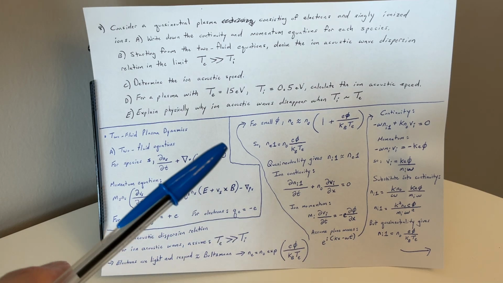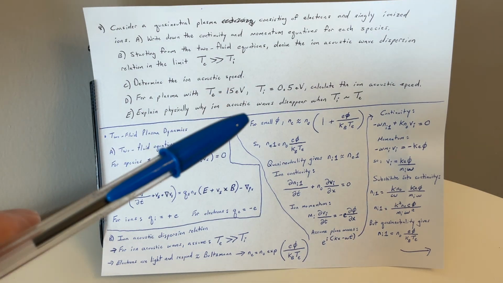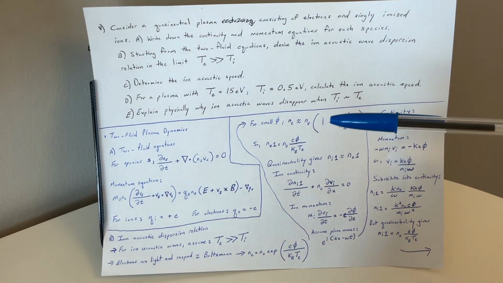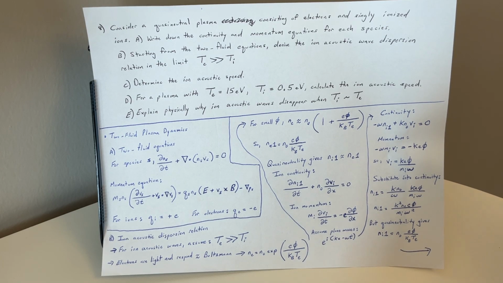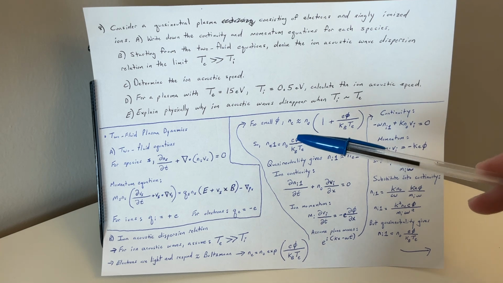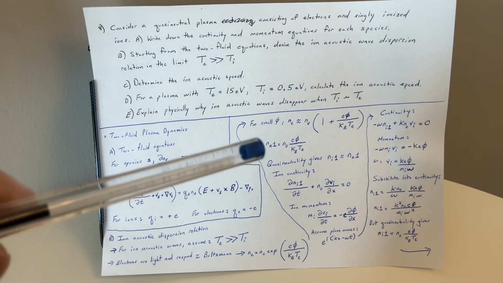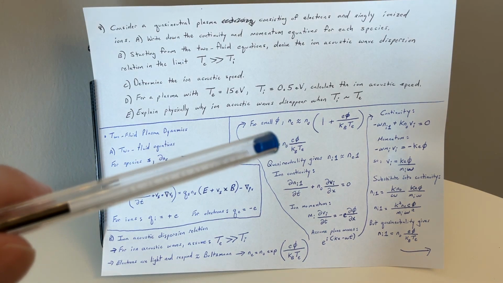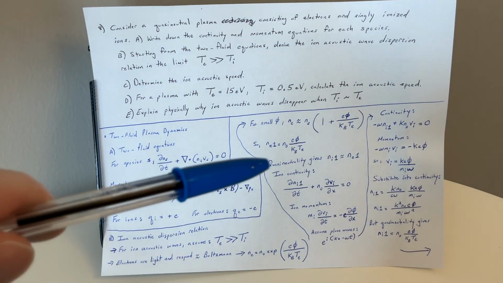Now, for small phi, n_e approximates n_0 times the quantity 1 plus e phi over k_B T_e. So n_e1 equals n_0 e phi over k_B T_e.